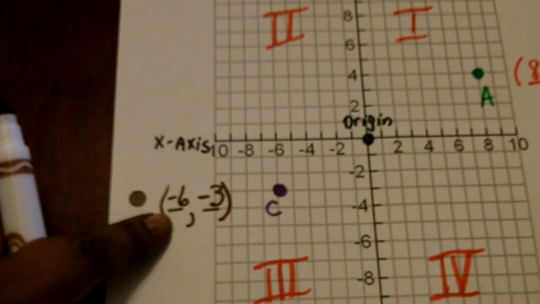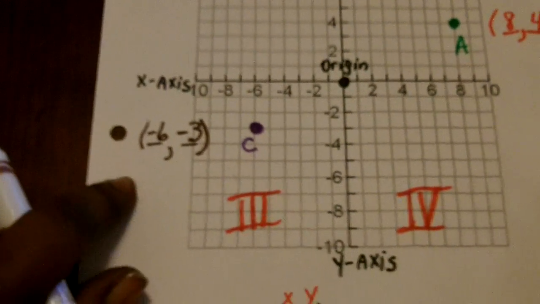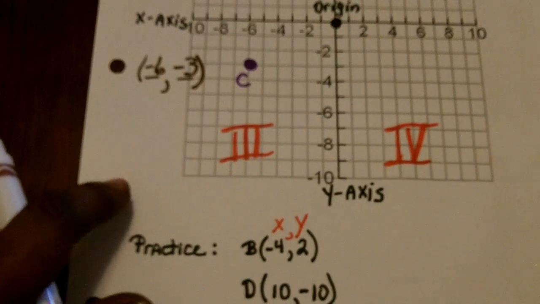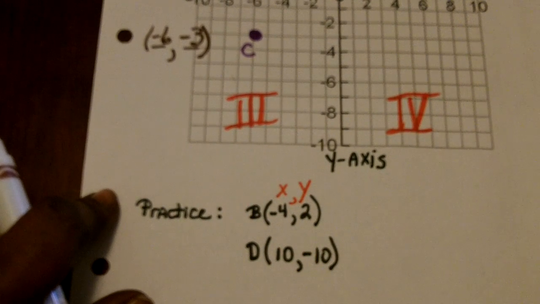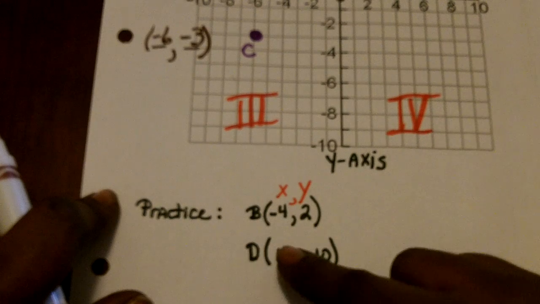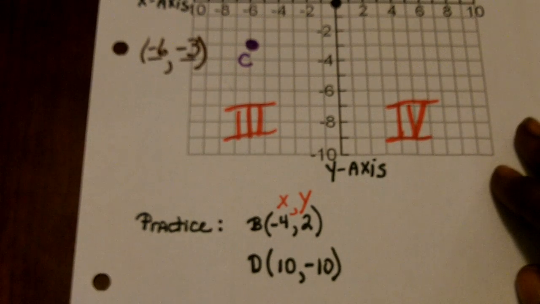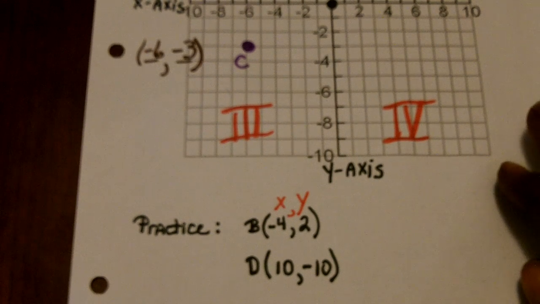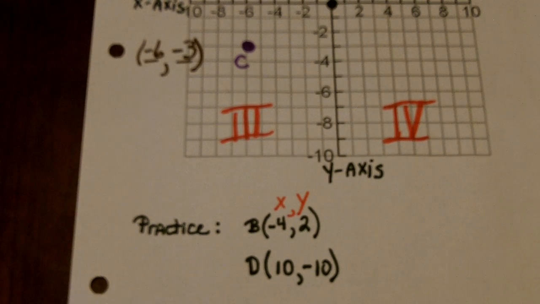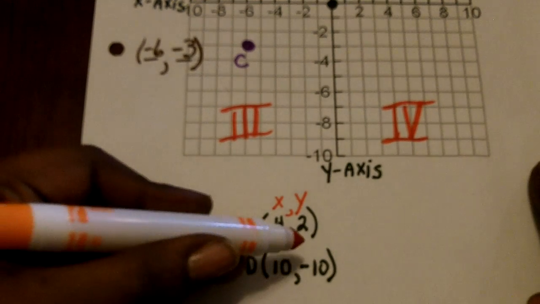Now, the last thing I want to talk about is going backwards: what if they give you the ordered pair? How would you plot the point? Well, it's very simple. You're going to use the ordered pair kind of like directions, telling you where to place the point. We'll start with point B. The ordered pair for point B, as you can see, is -4, 2.